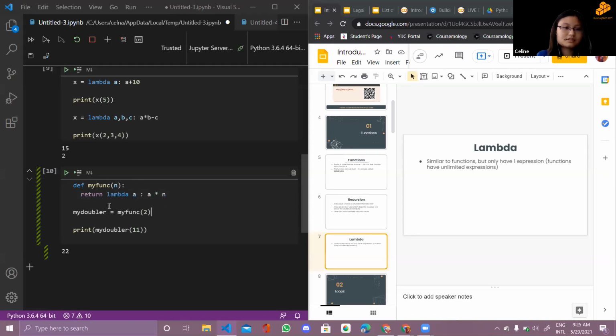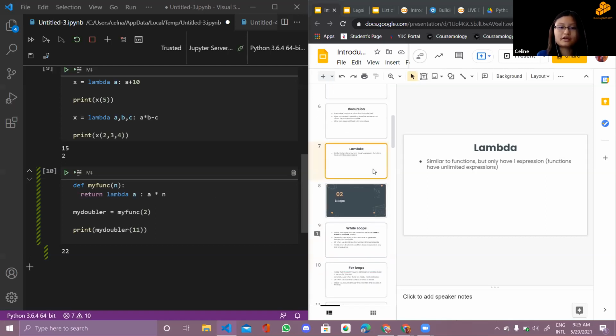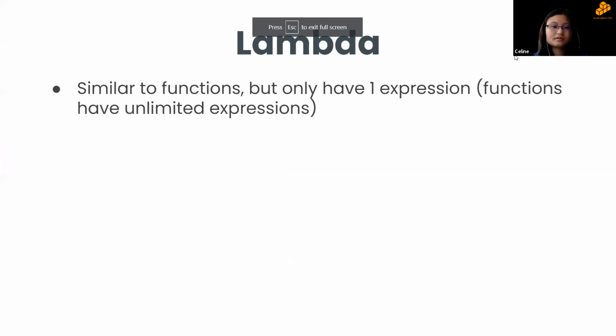So for my doubler, I'm telling it that my doubler will run my function with 2. And when you print it, you're assigning A as 11. You're free to go check it out and experiment with it on your own. So that's the gist of it for Lambda.